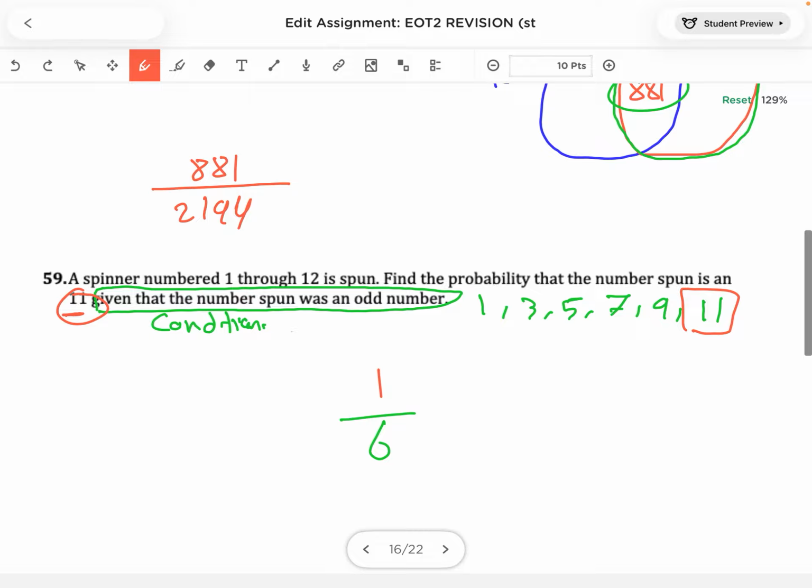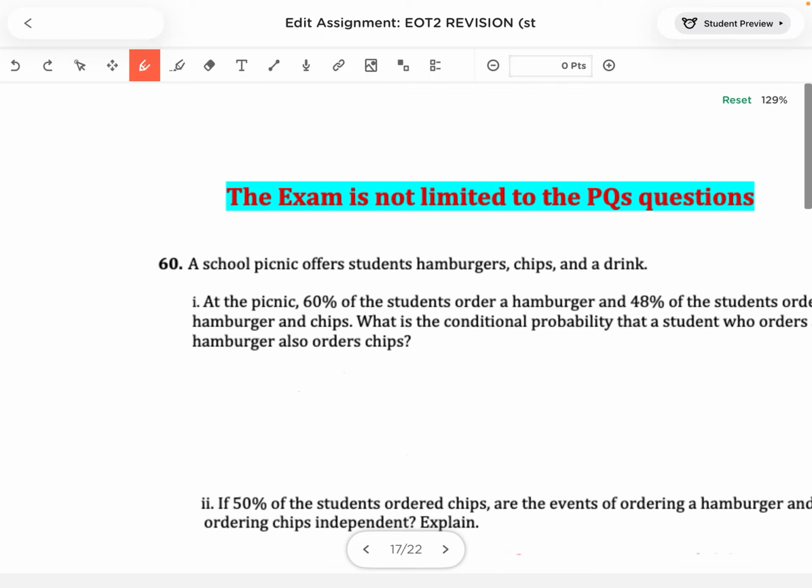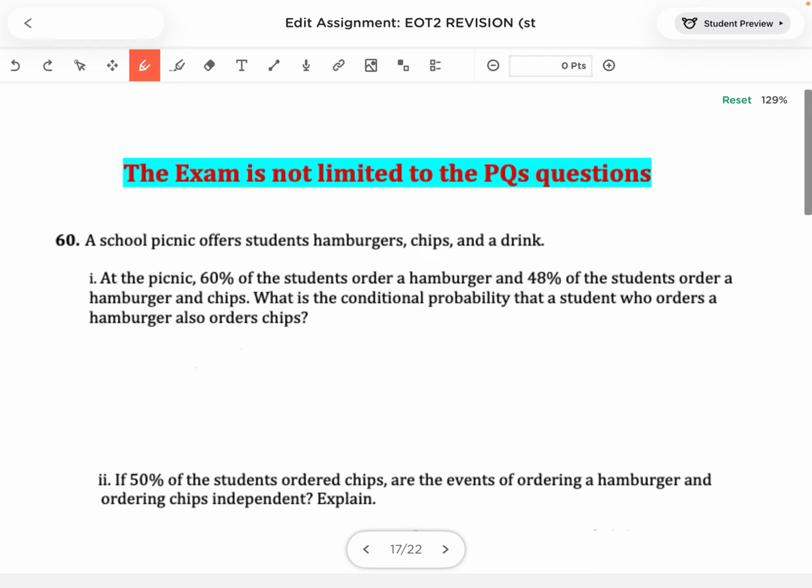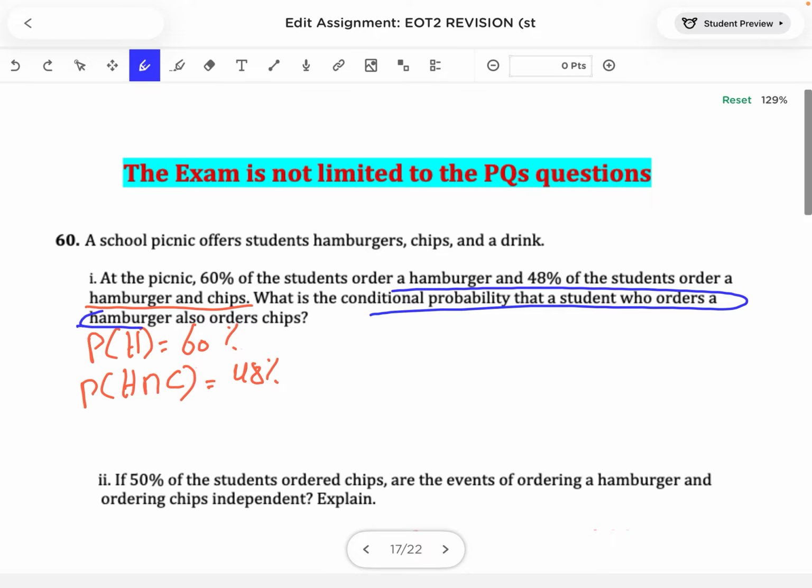Next. At a picnic, 60% of the students order a hamburger. And 48% of the students order a hamburger and chips together, the intersection. Okay, the question is, what is the conditional probability that the student who ordered a hamburger also orders chips? So the condition is he ordered a hamburger. What does the question ask? He orders chips.